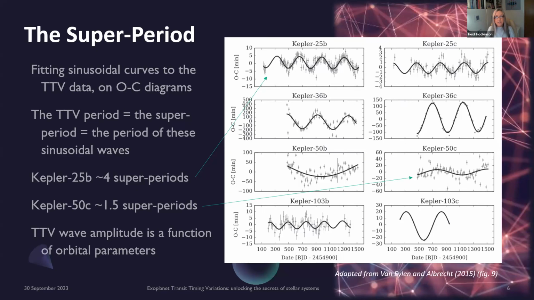Now, the size of the TTV, i.e. the amplitude of the wave, is a function of the period of the exoplanet and the distance to resonance, MMR, and the eccentricity of the two exoplanets, and the ratio of the mass of the other exoplanet to the host star. So if we already have the mass of the host star, we can therefore work out the mass of that other exoplanet in the pair from the TTV signal.